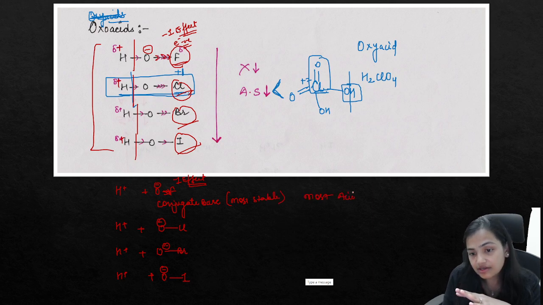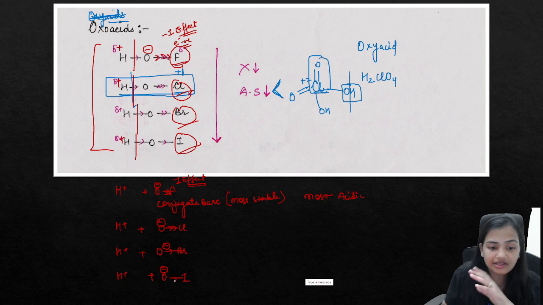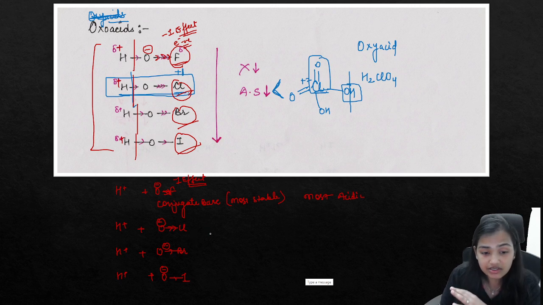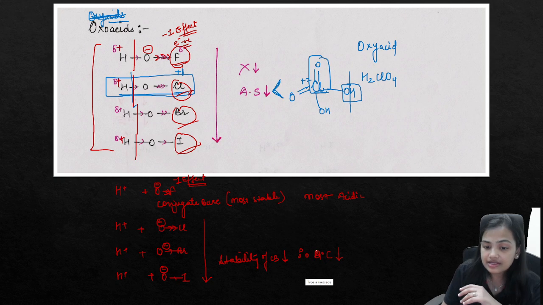But if you see here, the electron pulling power of chlorine is less than fluorine, bromine is less, and the iodine will not even pull the electron towards itself. And so therefore as we go down, the stability of the conjugate base decreases, therefore the acidic character decreases.